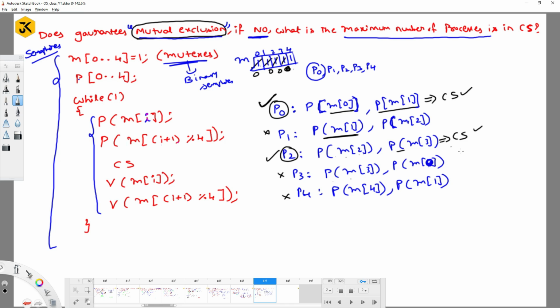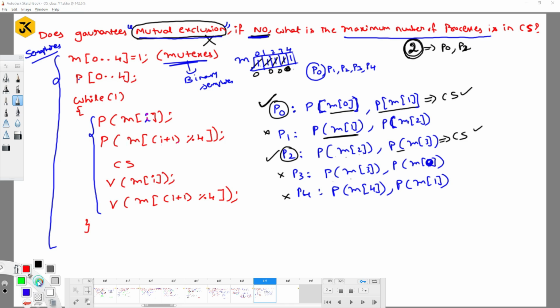If you execute in any order, at the maximum 2 processes are going to be executed. So mutual exclusion is not satisfied here, and the maximum number of processes that can enter the critical section is 2, P0 and P2 according to our explanation.